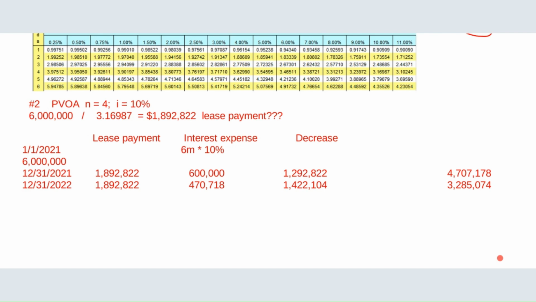And then 1,892,822 minus 328,507 is 1,564,315. 3,285,074 minus that gives 1,720,759. Okay, so does this look half right? I think it is.